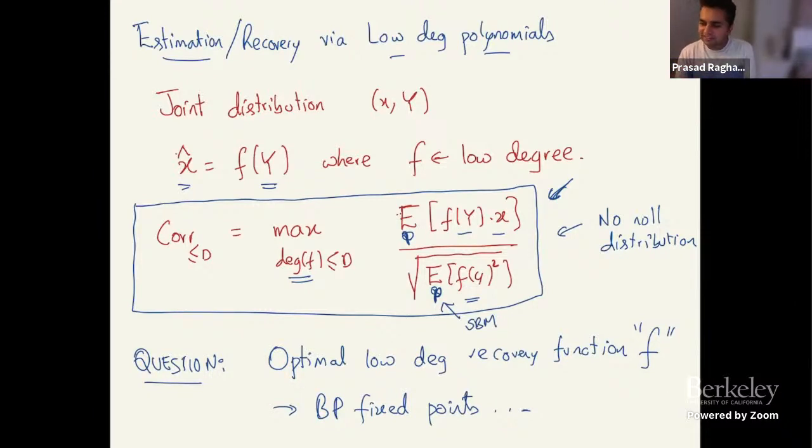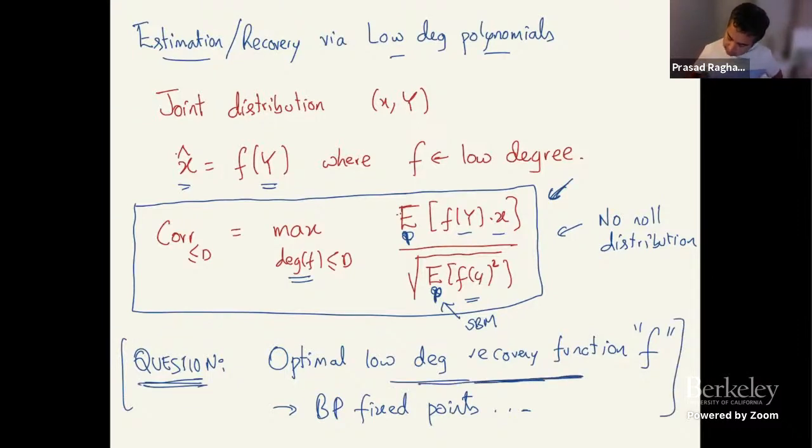There's a lot of dependencies between the edges, and therefore, although I can write this optimization problem, reasoning about its value or finding the best possible F seems much harder than earlier. That's the reason why even the question I stated at the end is quite non-trivial, because you have to get a handle on the optimal low degree recovery function, which is basically a handle on the projection of the optimal recovery function onto low degree polynomials.